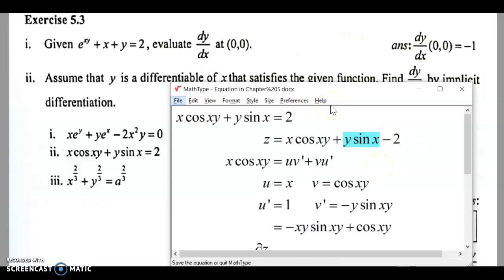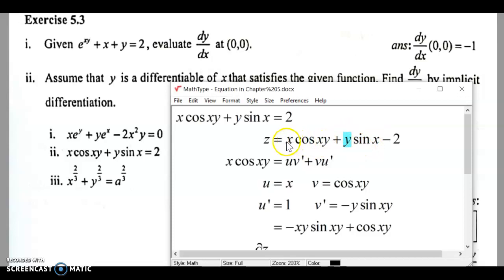So to obtain the partial derivative of this function, we will need to use product rule. Sorry, for the first one only, we need to use product rule, because for the second one it is y times sin x. So this one is considered as a constant in partial derivative, so we'll just ignore it. You just need to later conduct the derivative for this one.